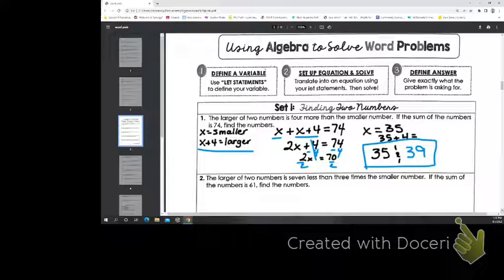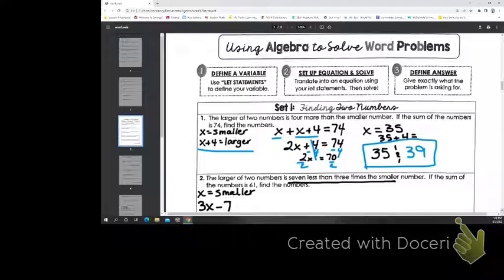So your x is going to be your smaller number. So if I let x be the smaller here, then our larger, this one, the larger of the two numbers is 7 less than 3 times the smaller. So 3x minus 7.